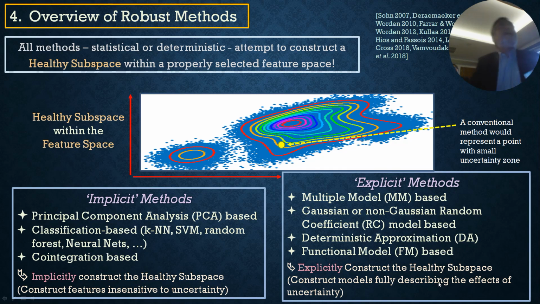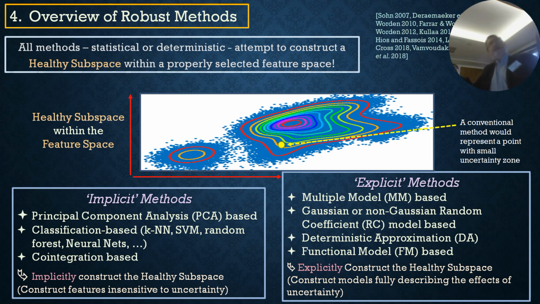And here is an overview of how we can handle this. Essentially, we have to model the healthy structural dynamics under uncertainty. This is the real question, what we have to do. And there are two types of approaches, implicit approaches, or implicit methods if you wish, and explicit methods.